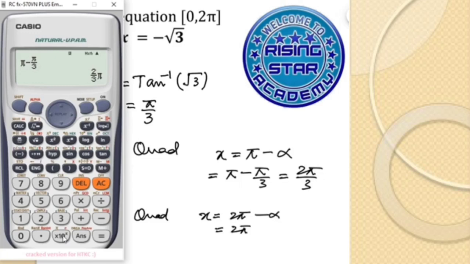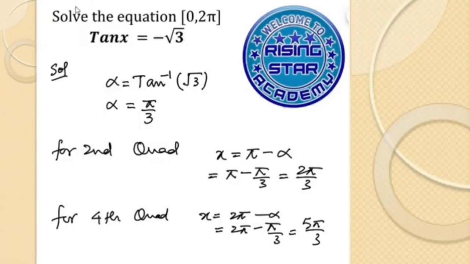So 2 pi minus pi over 3. So 5 pi by 3. So here the two angles we got are 2 pi by 3 and 5 pi by 3.